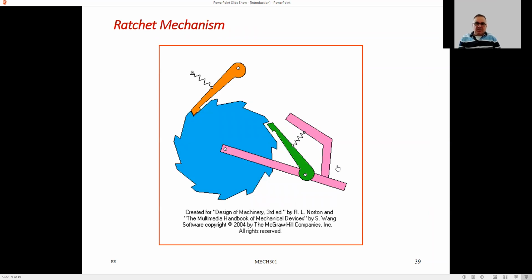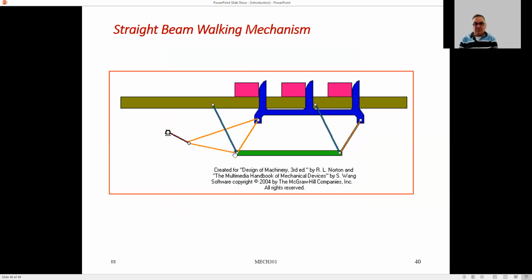This is a ratchet mechanism, again used in clocks. There is a wheel that is rotating, and these things are, actually, I don't know the details of this. Okay, this is a straight beam walking mechanism.